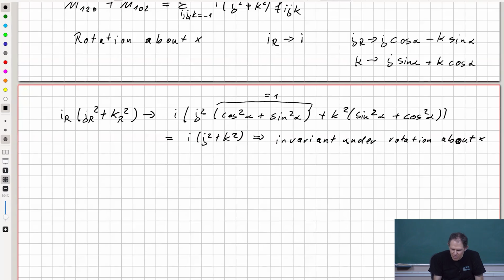Now we look at the other one too, M_120 minus M_102.